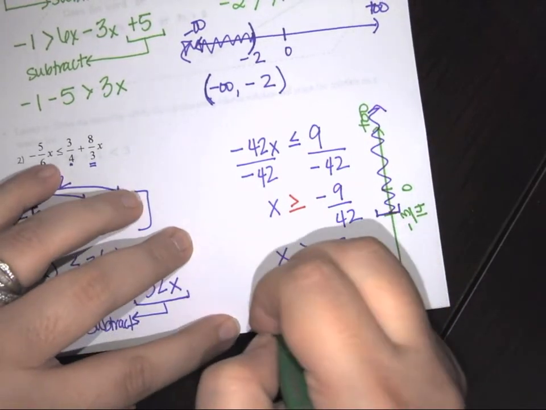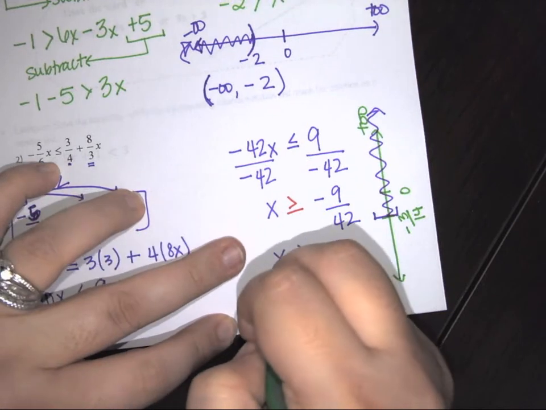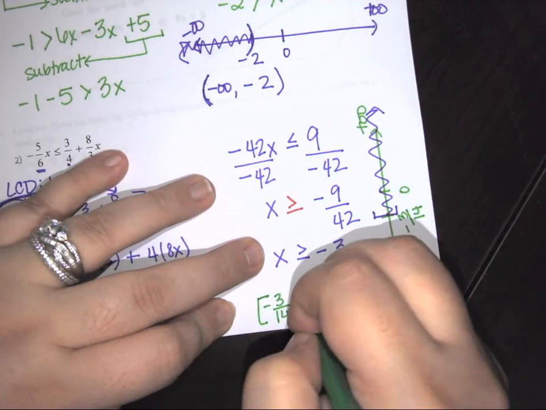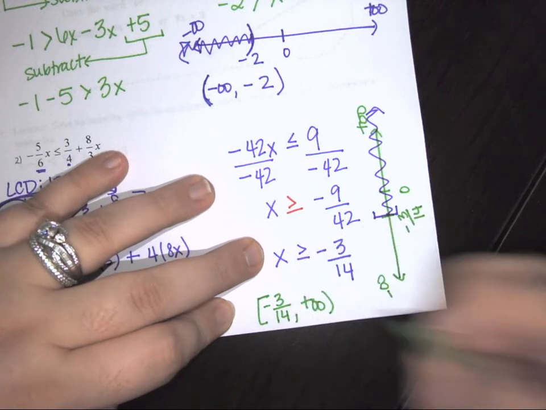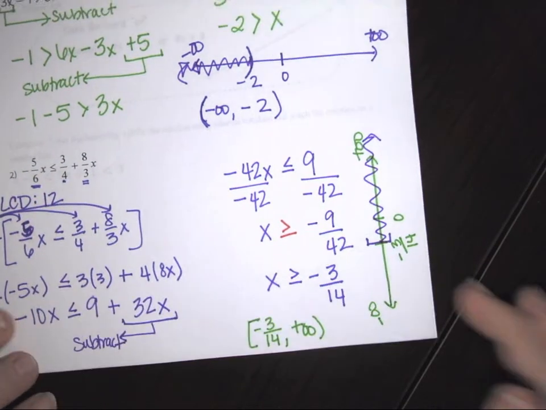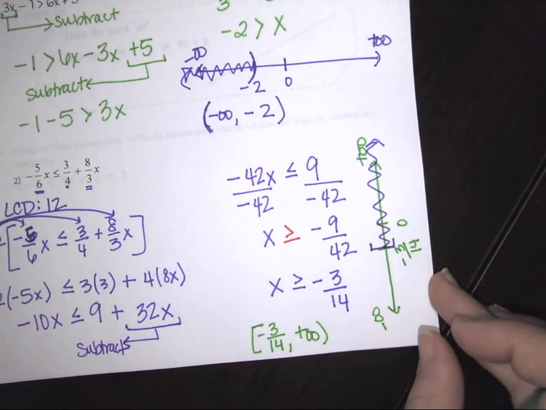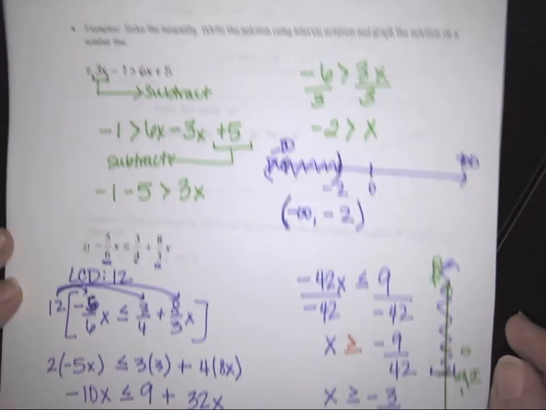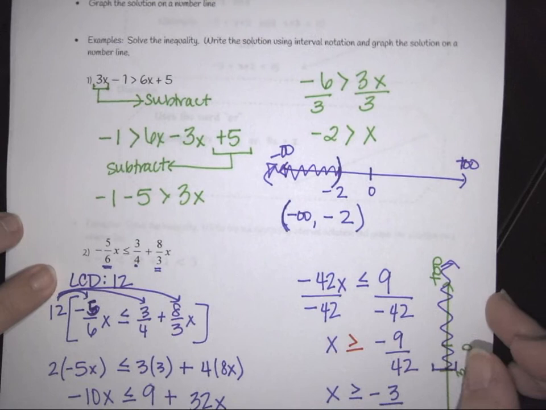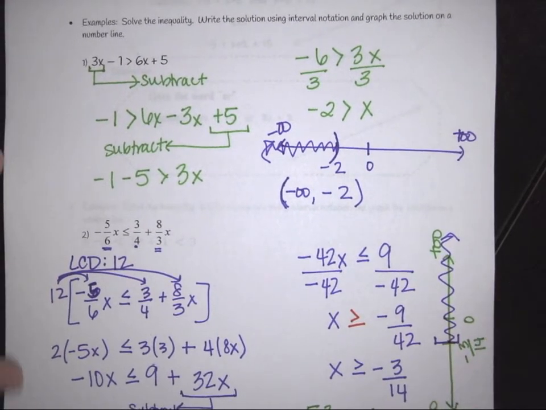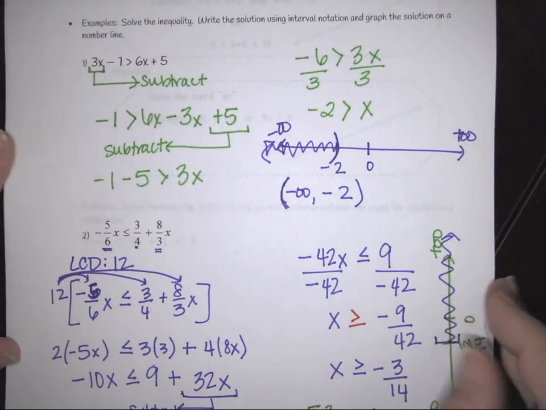So I'm going to start at -3/14, and I'm going to travel up through positive infinity and thus have graphed my term. Okay. So that's an example of a straight linear and an example with the fractions. Both do the exact same thing, and you need to remember, of course, your negative rule.